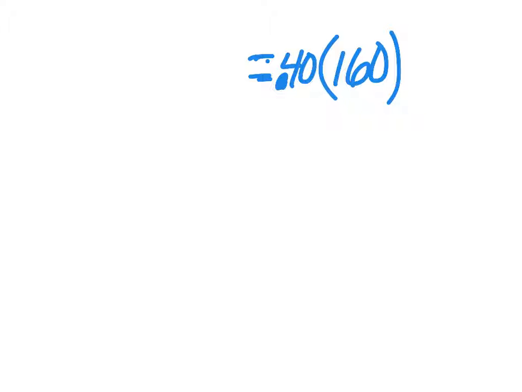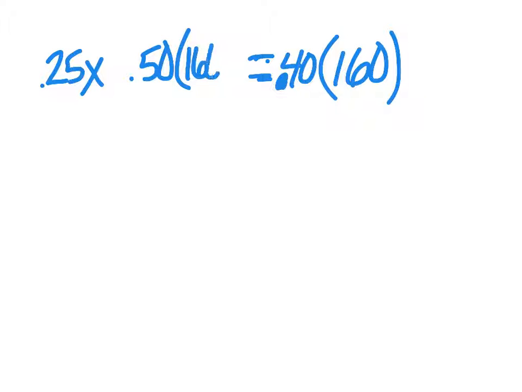Then the two kinds you have are 0.25 and 0.50. And you're adding those two together to get the 160. So guess what? One of these is going to be x, and the other one is going to be 160 minus x.